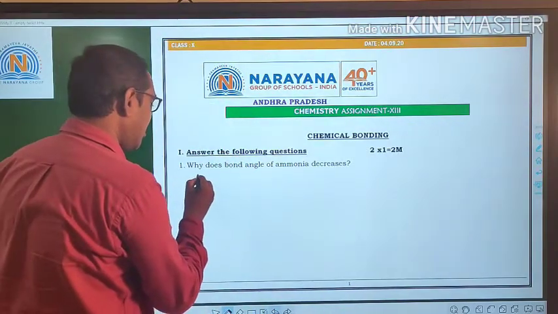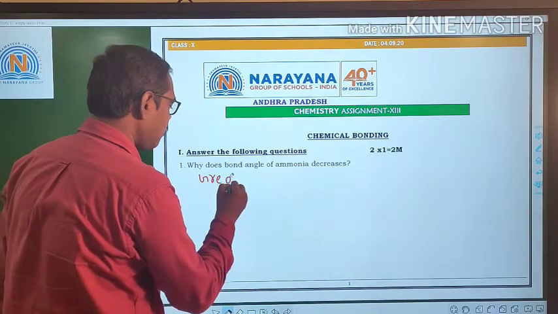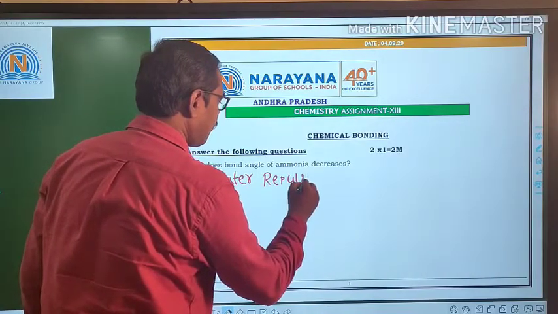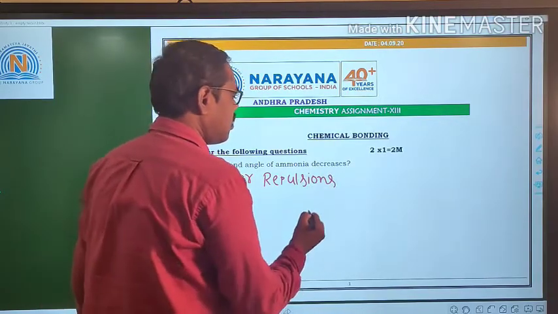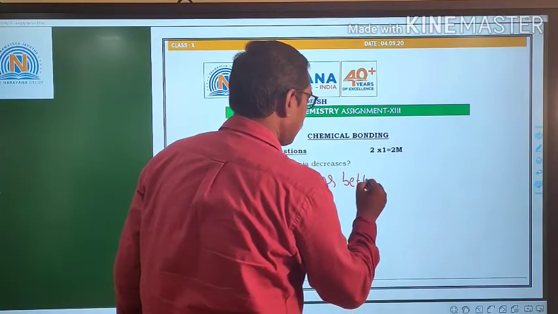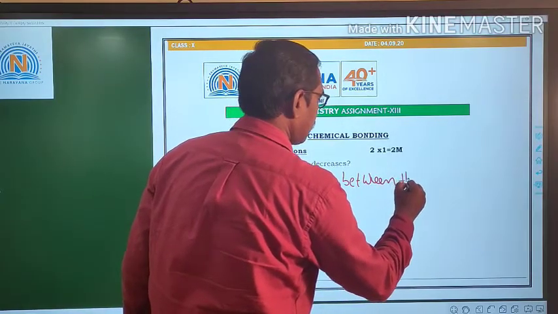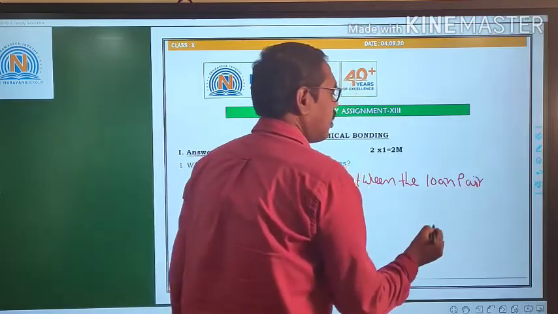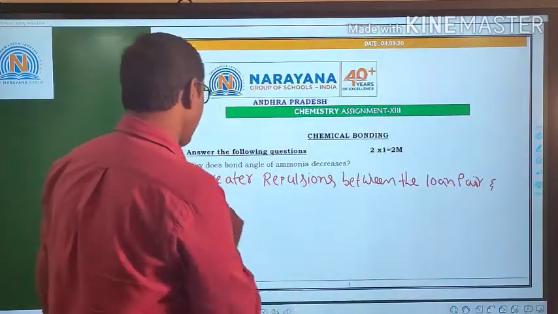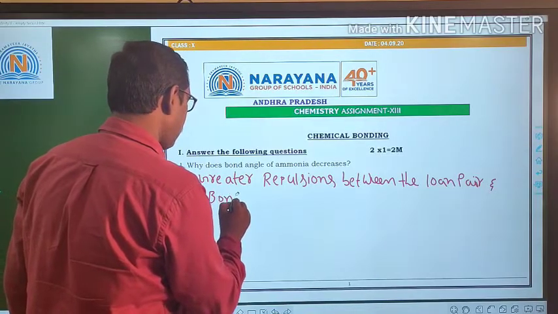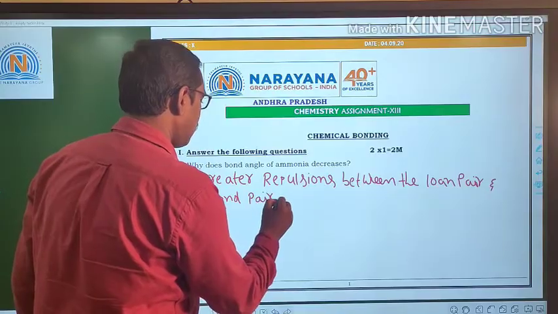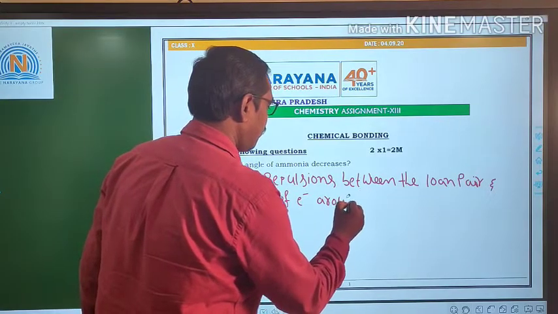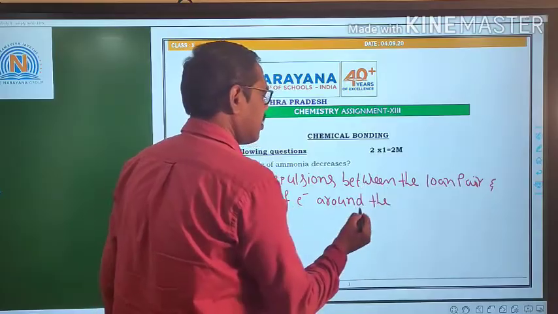So answer: greater repulsions between the lone pair and bond pair of electrons around the central atom.